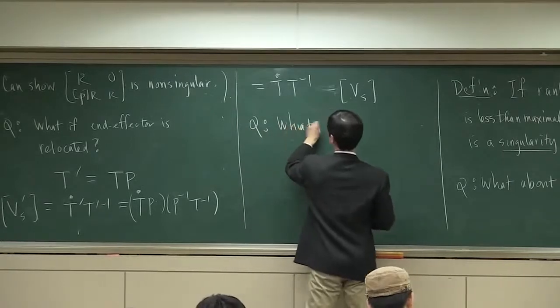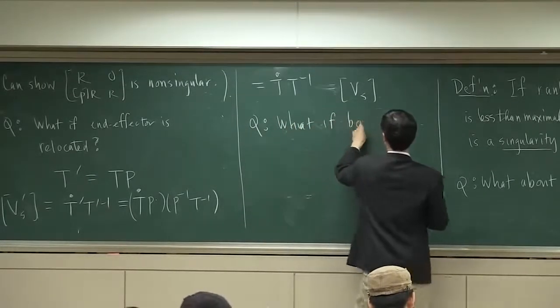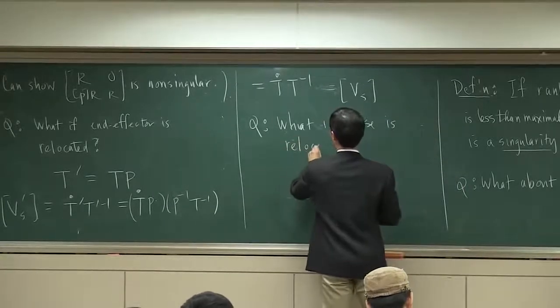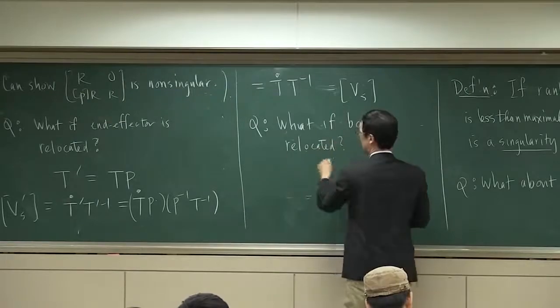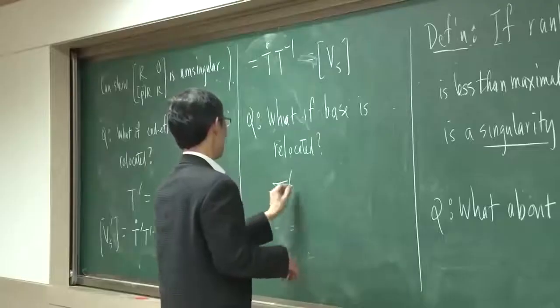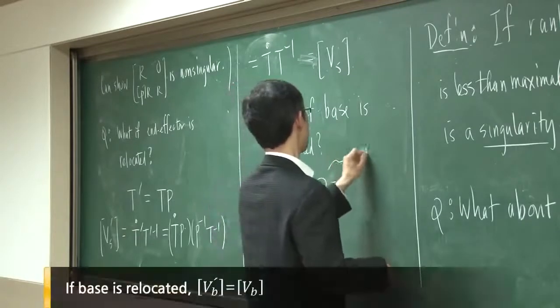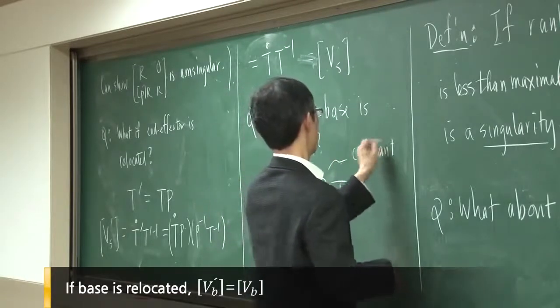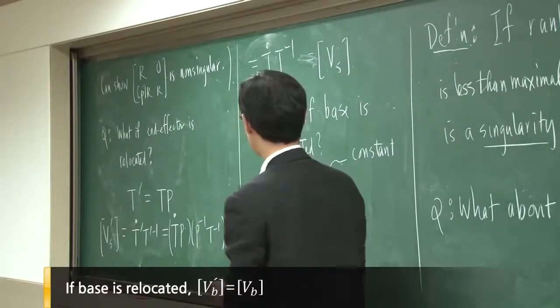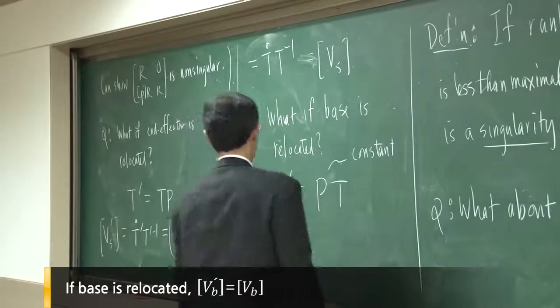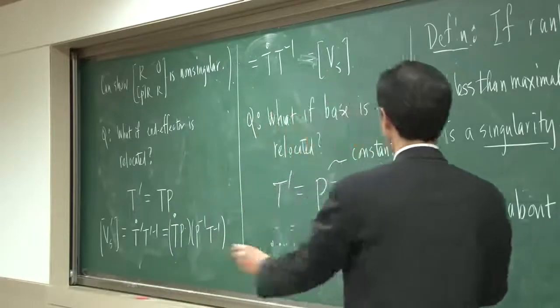If you wanted to show that, you do the same type of analysis. What if the base is relocated? Then basically now we have T prime is some P times T, where P is constant, and we do the same analysis. We'll leave that aside.